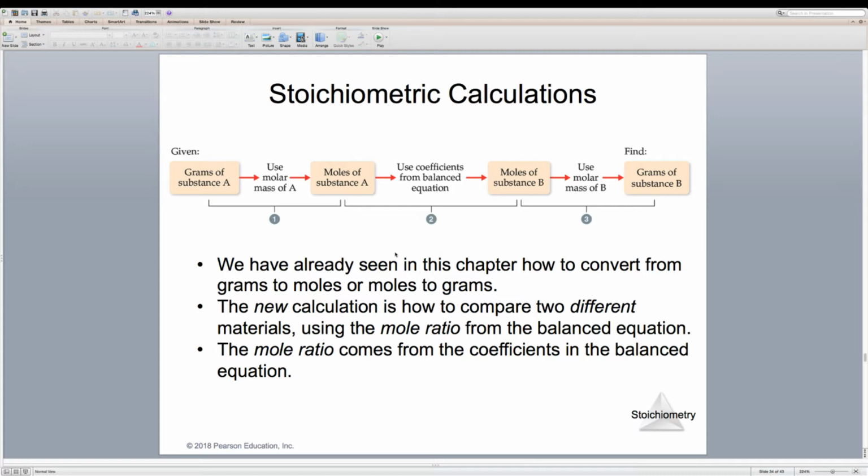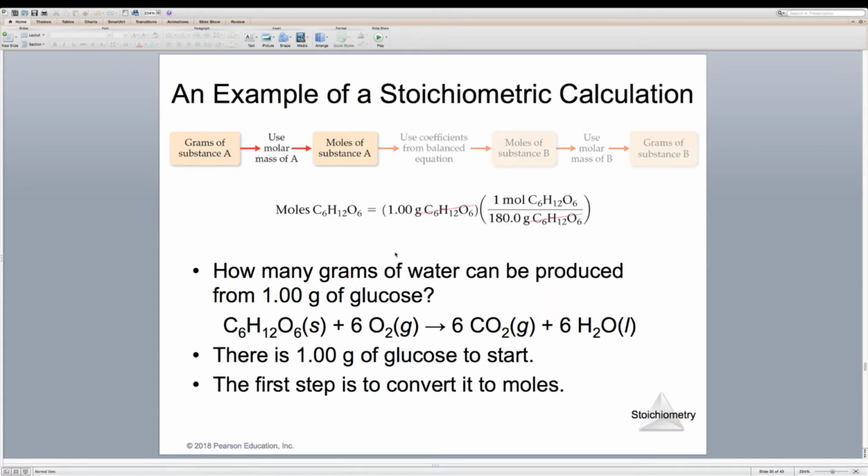So the mole ratio comes from the balanced coefficients in the equation, and this is the kind of calculation that we're going to do in our particular problem on the first page. So they use a glucose combustion, and they want to know how much water is produced. They start with 1 gram of glucose, and as you can see here, their molar mass or molecular weight is 1 mole for every 180.